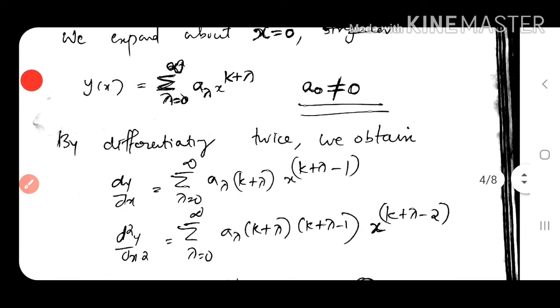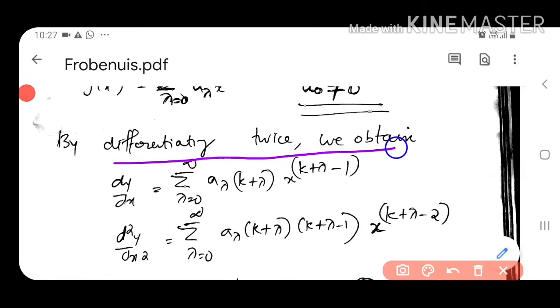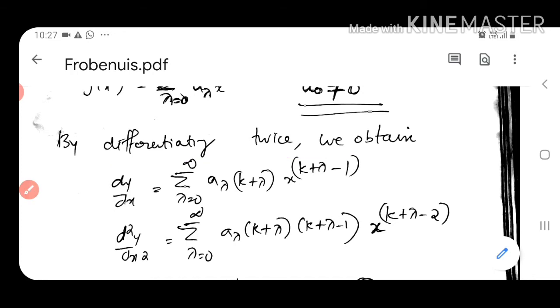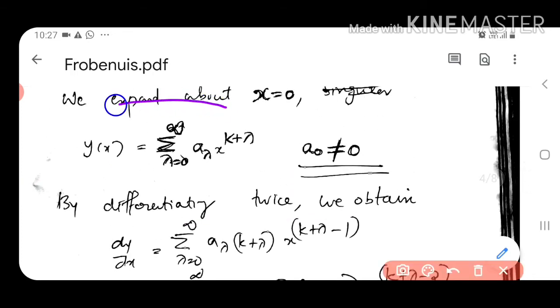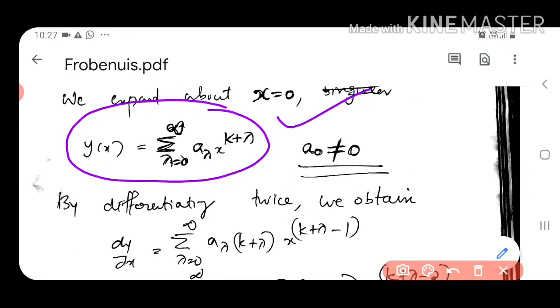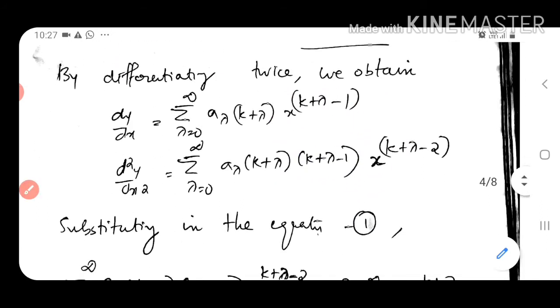Now we differentiate this equation twice. So dy by dx is a lambda times k plus lambda x raised to k plus lambda minus 1.